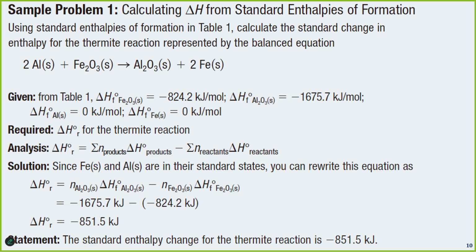Therefore, the standard enthalpy change for the thermite reaction is negative 851.5 kilojoules. So have a look at the process here. Make sure you're able to solve this by yourself, okay?